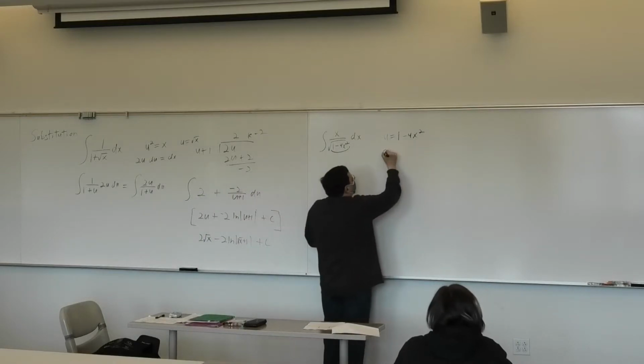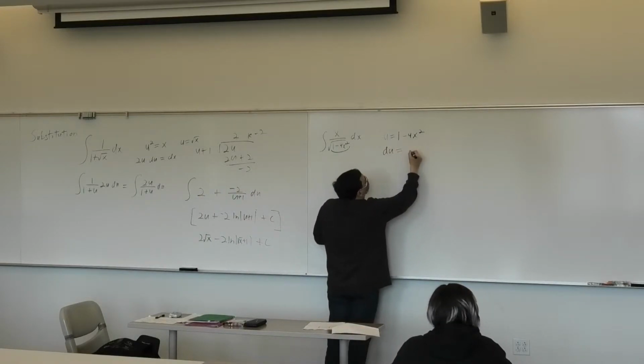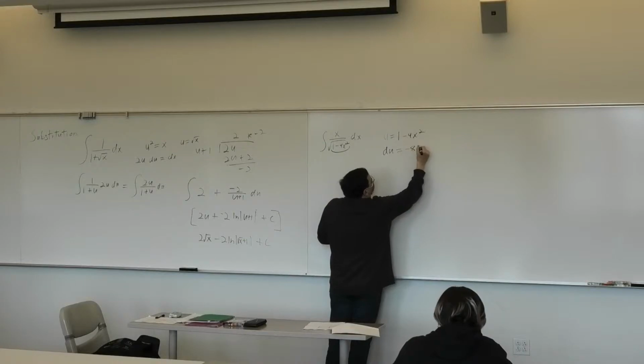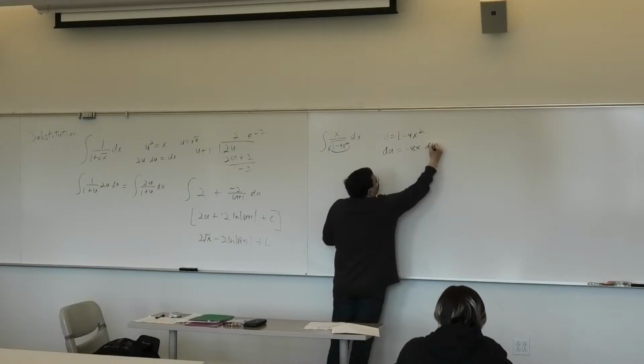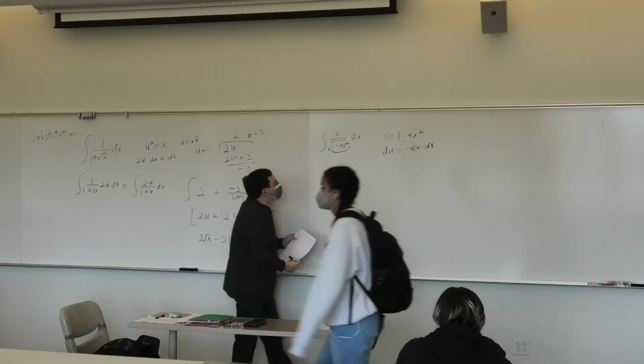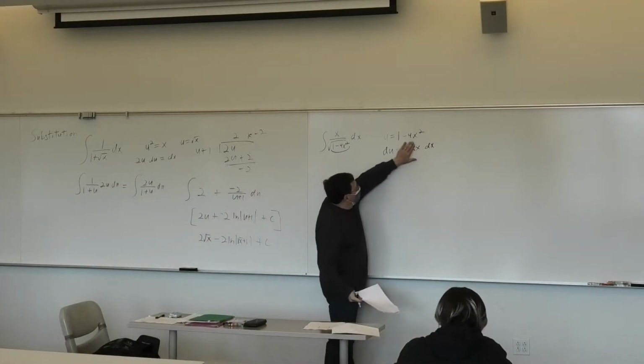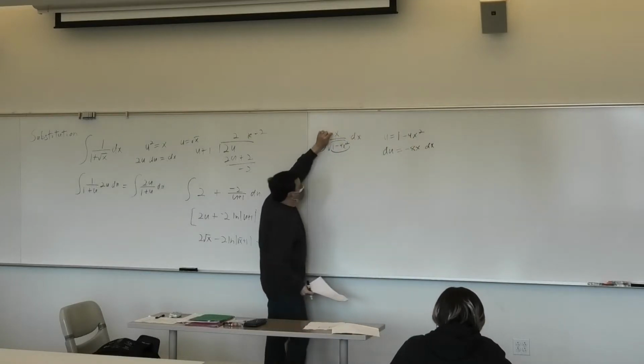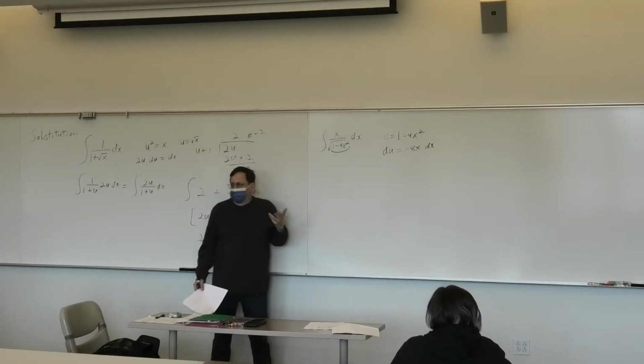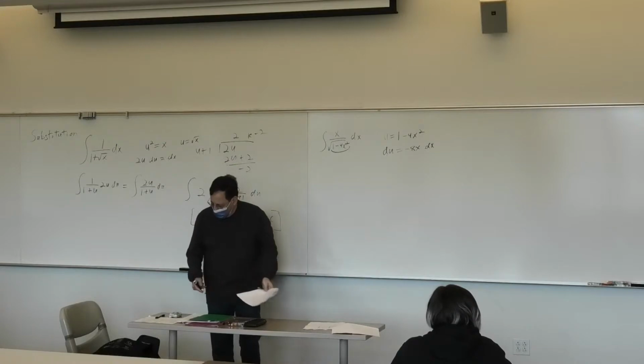And so our du is negative 8x dx. And seeing this x here, this x on top, we start to think, this could work out.